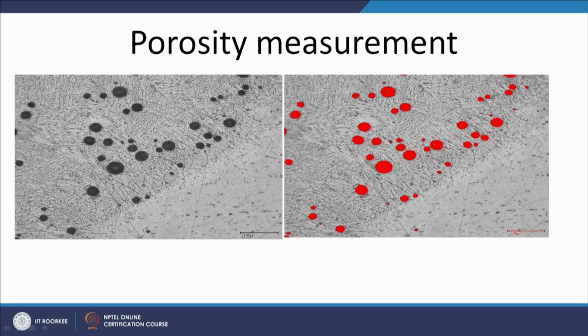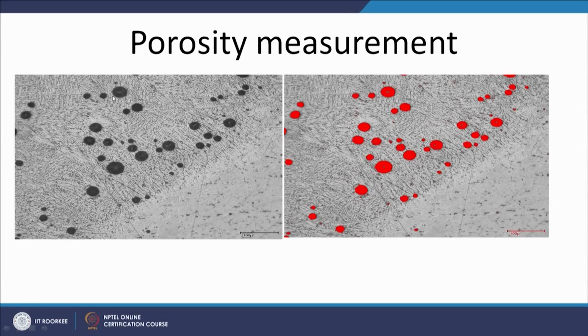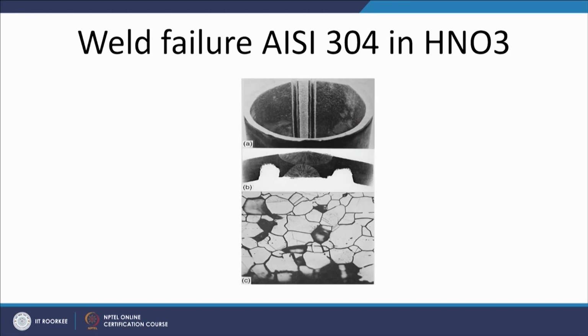Image analysis of one particular weld joint, here what it shows, the dark spots are indicating the porosity, and when image analysis is carried out, all these dark spots are selected and their fraction can be identified. So, not just the soundness, not just the microstructure study, the area fraction and average grain size can be identified through image analysis, but it also can help in identifying the crack length or the fraction of the porosity if it is present in the component.